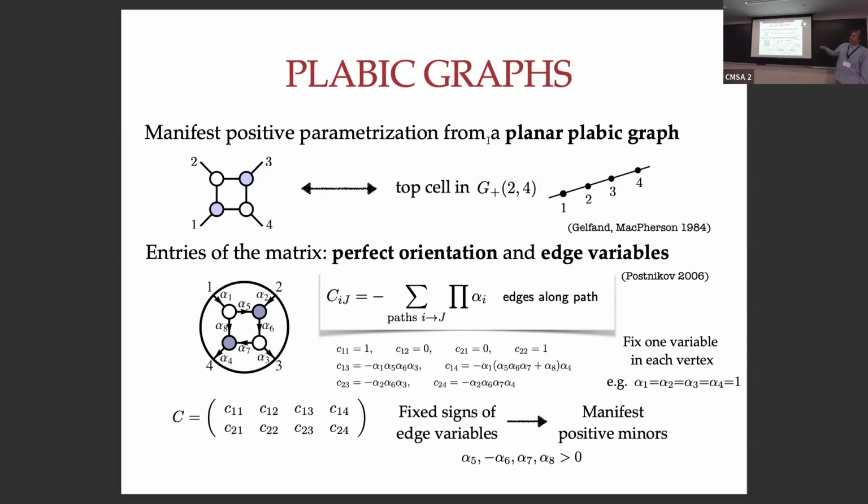Using a certain procedure of associating variables with the edges of the graph, we can then fill the entries of the matrix in a way where the parameters being positive corresponds to the matrix being in the positive Grassmannian, having all the main minors positive. There is a procedure that Postnikov gave using so-called perfect orientation. The variables that we associate with the edges are called edge variables, and there is a prescription for how to calculate the entries of the matrix.